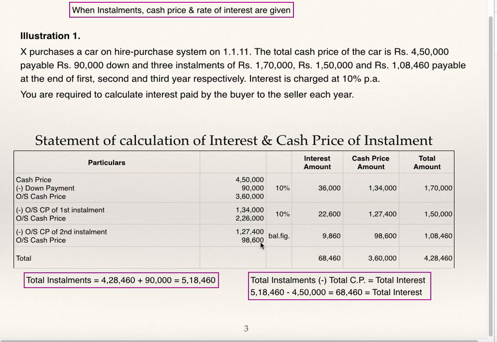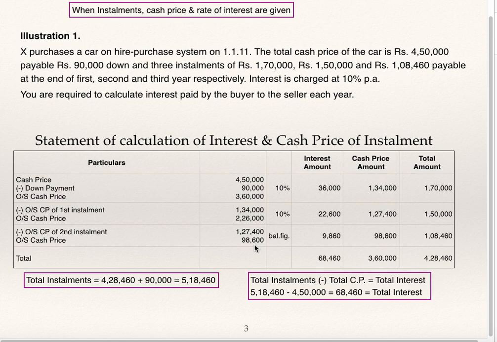As this is the last installment, you have to be very careful. Record it directly in the cash price column. 98,600 directly to be recorded in the cash price amount. 1,08,460 minus 98,600 is the interest amount for last installment, 9,860. This interest is nothing but balancing figure.